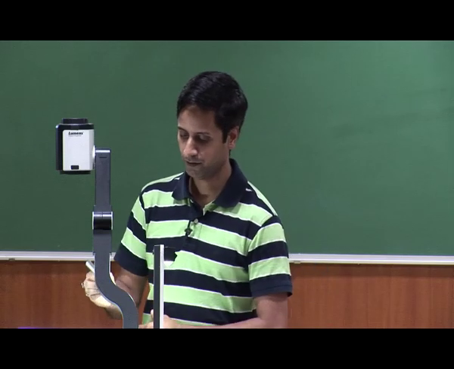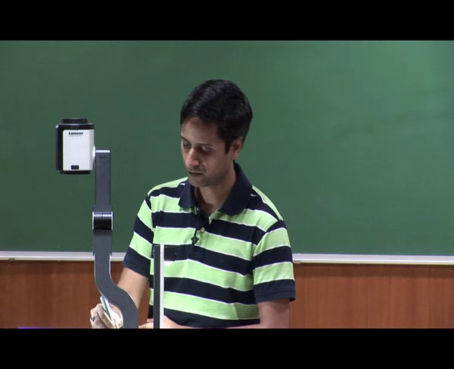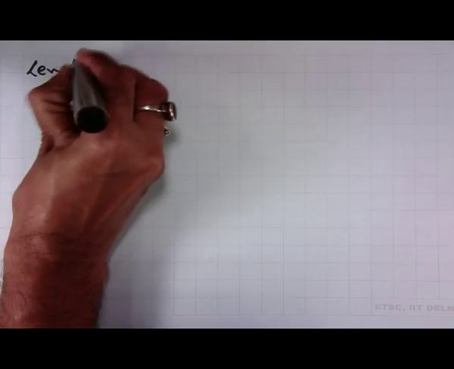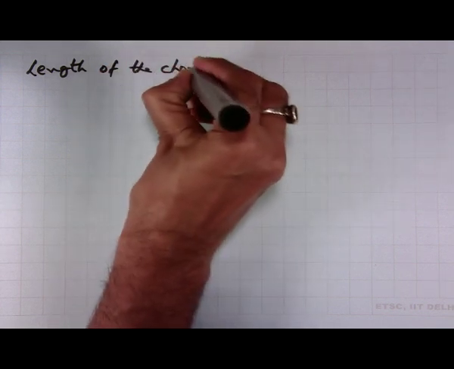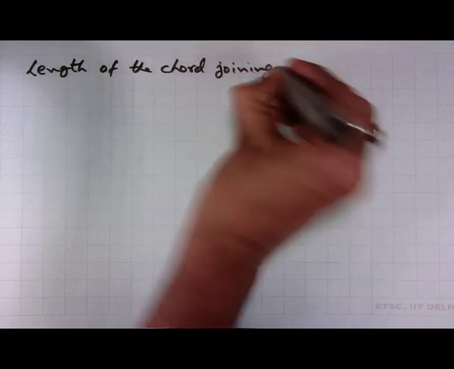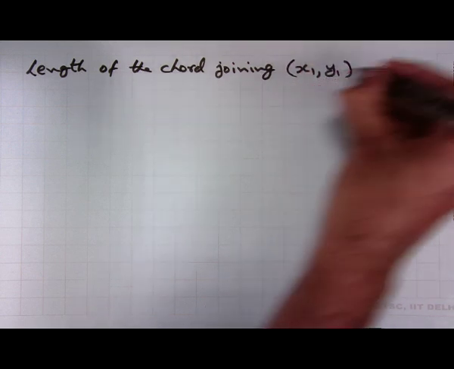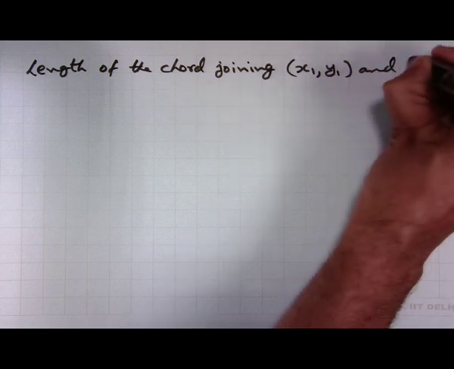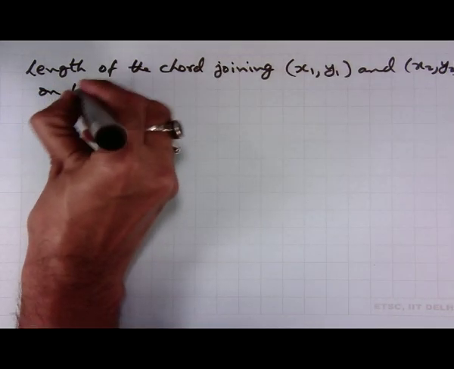Next, let us try to find the length of the chord joining 2 points, let us say x 1 y 1 and x 2 y 2, on the ellipse.